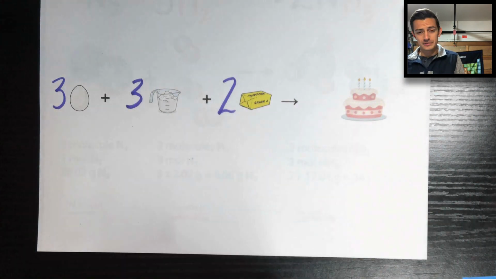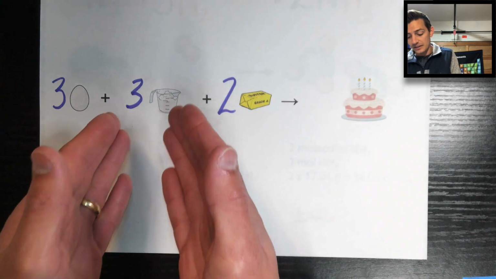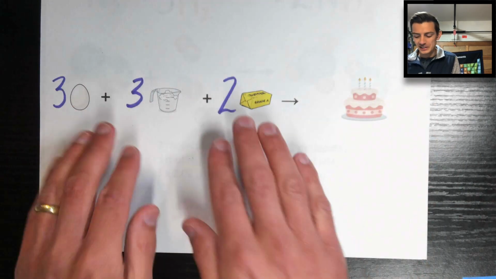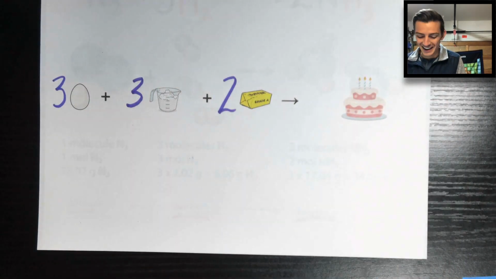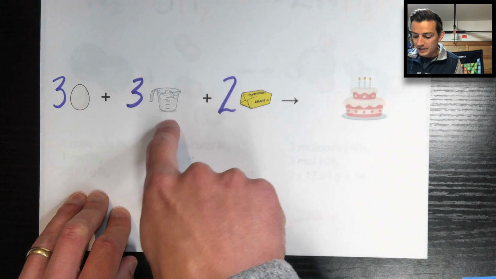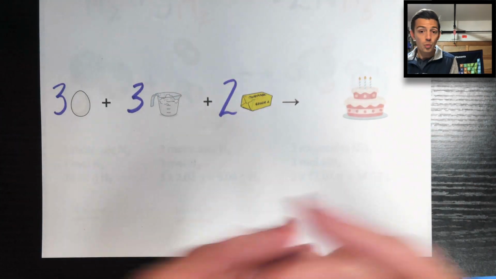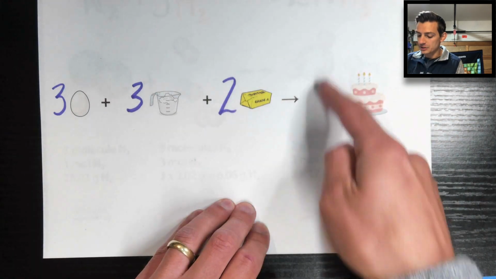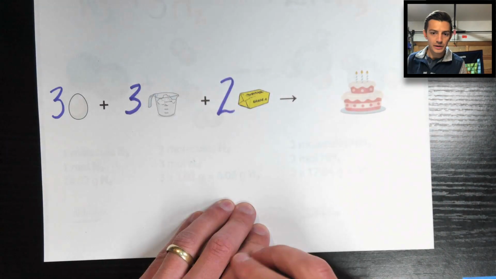These are actually the right numbers of eggs and flour and butter. I looked it up, but I just didn't want to fit everything else in there. So let's say this is all you needed to make a cake. I need 3 eggs, 3 cups of flour, 2 sticks of butter, and I get 1 cake, right? That 1 isn't there, but we know that when we write that, if there's no symbol, then it's a 1.